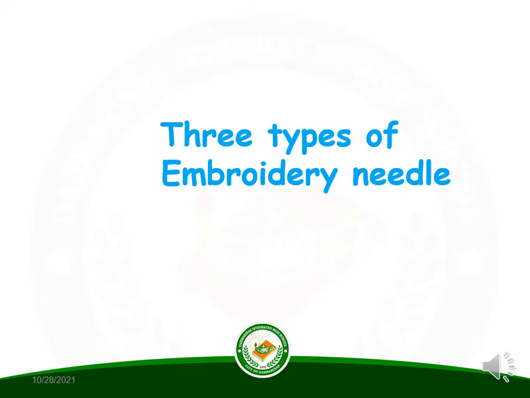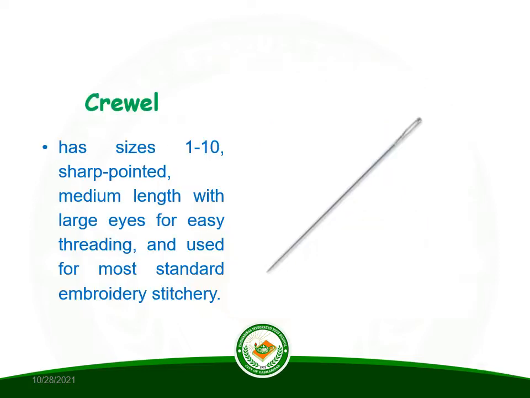Three types of embroidery needle. 1. Crewel has sizes 1 to 10. Sharp pointed, medium length, with large eyes for easy threading, and used for most standard embroidery stitchery.